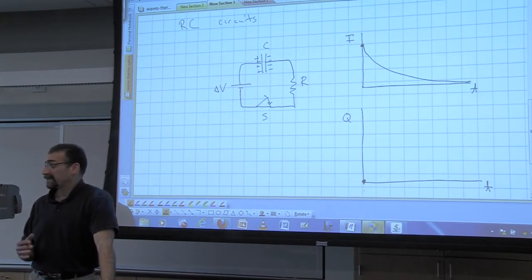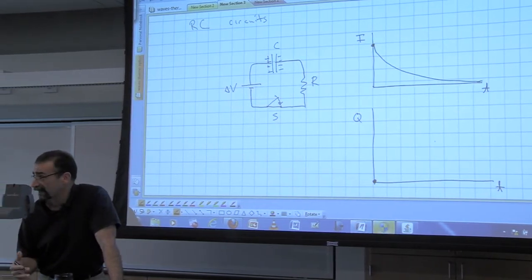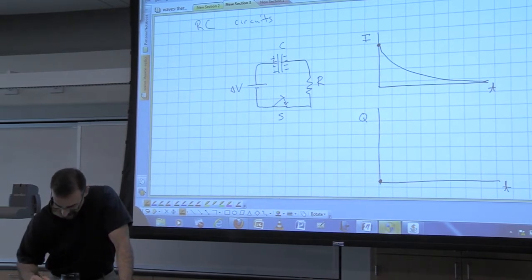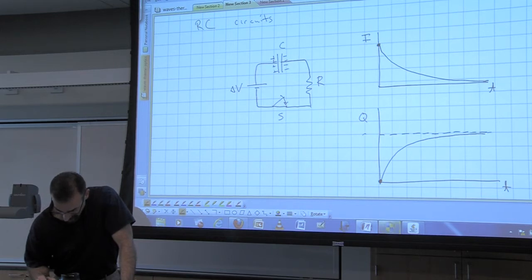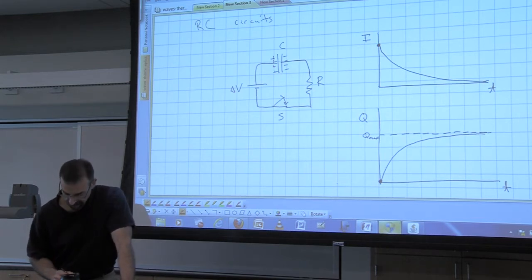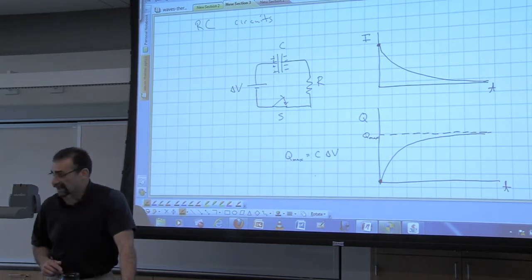And then what happens, it starts to build up quickly at first, but then it plateaus out when it reaches its maximum charge, or as it tries to reach its maximum charge, and it looks something like this, where this would be Q maximum. And what is Q maximum? C times delta V.